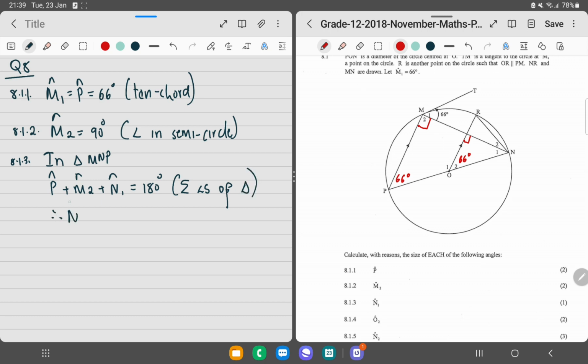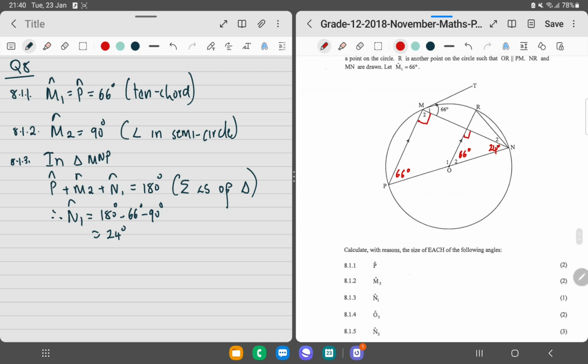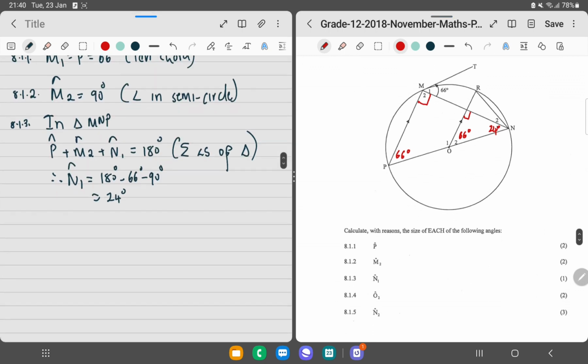So therefore, N1 is equal to 180 degrees minus 66 minus 90. So I'm getting 24 degrees. And then they want O2.